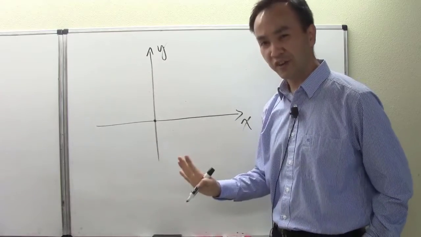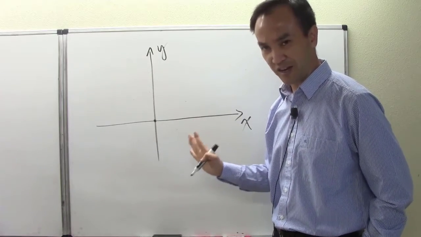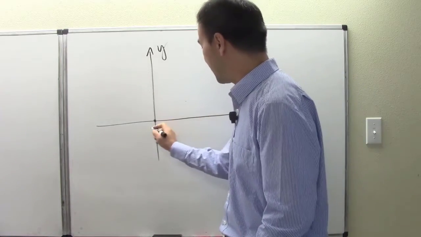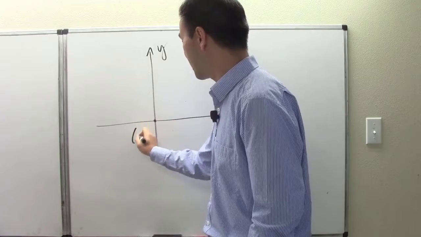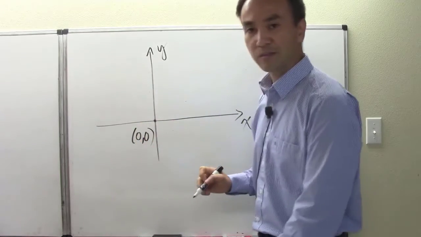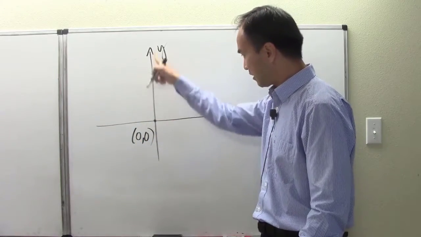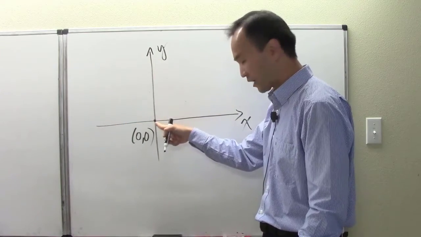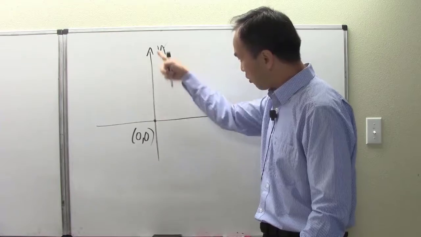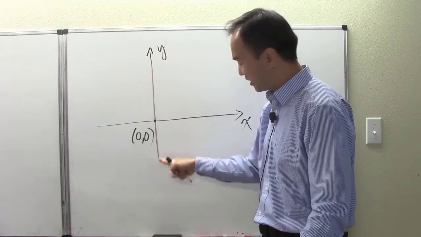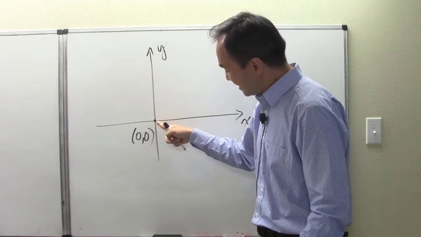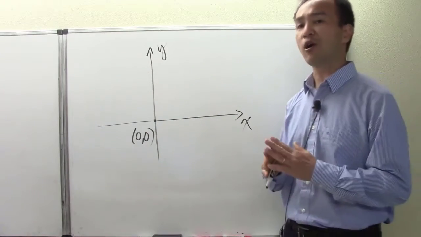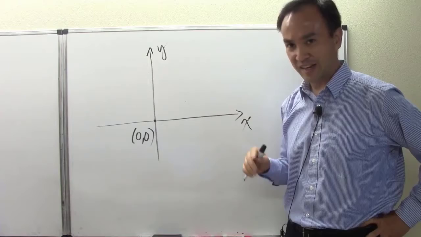By convention, well known worldwide, the origin is the point 0, 0, meaning 0 on the x-axis right at that cross point, and also 0 y value on the vertical axis.